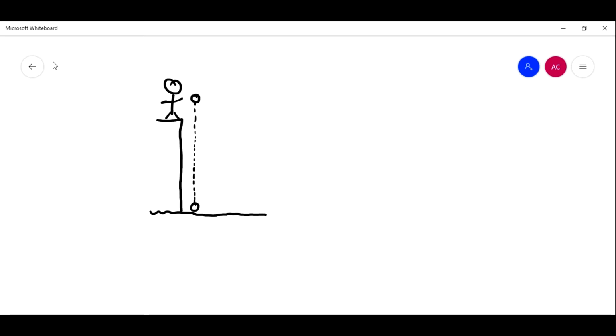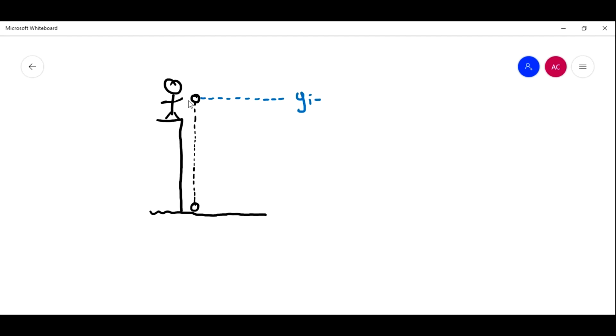Okay, so at this point, before I continue, there are no two segments, only one segment, because the object is not going up and then going down. No, in this case, the object just goes down. So this is the initial position. This is where the motion starts.